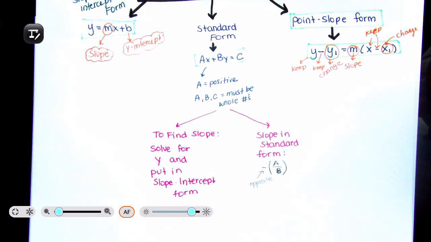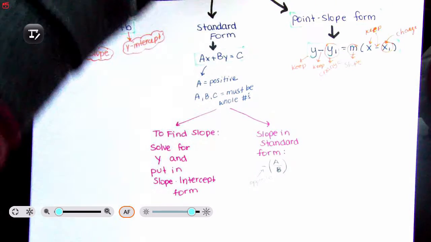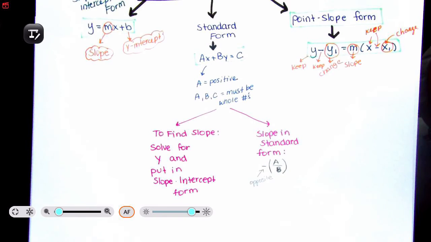Okay, so now we've gone over how to identify slope in your three forms of a line. So let's go ahead and move on to example number 2.